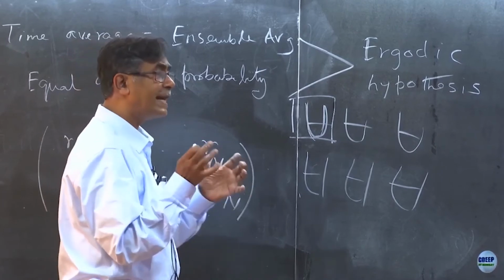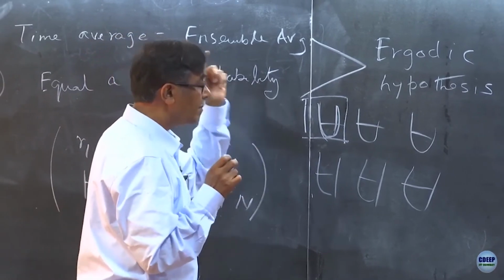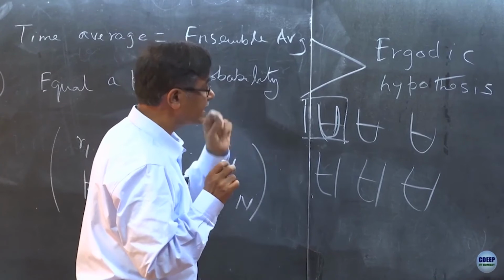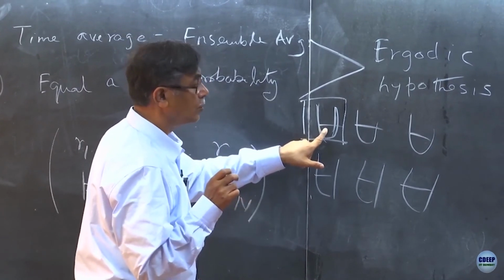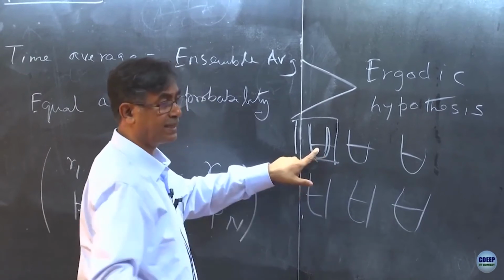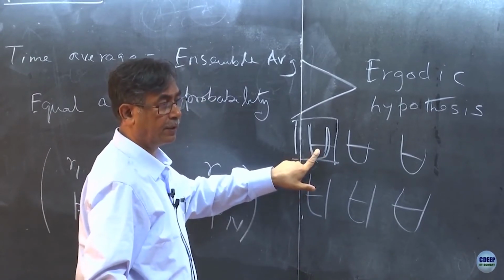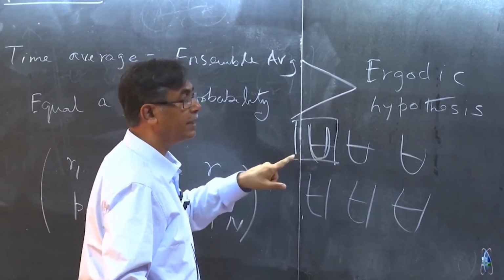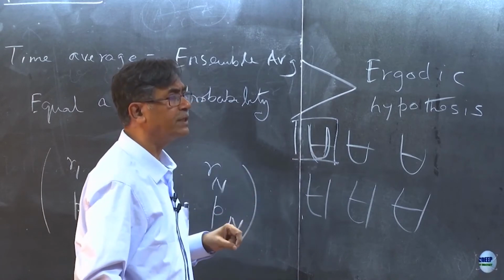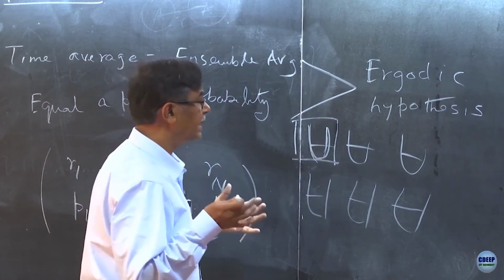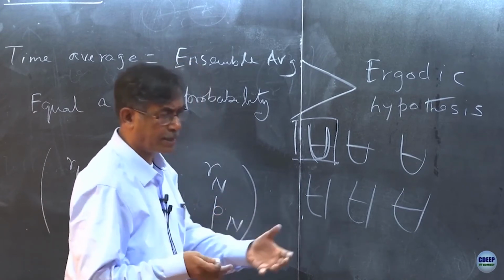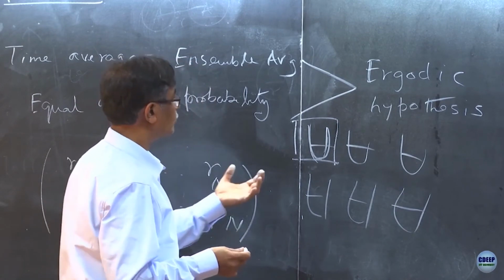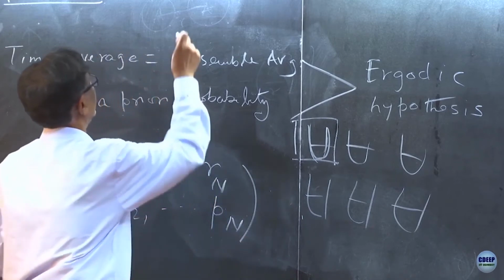What is the guarantee that the system I am following for infinite time will go through all the microscopic states? And second, even if it goes through all the microscopic states, how do I give a probability to it?